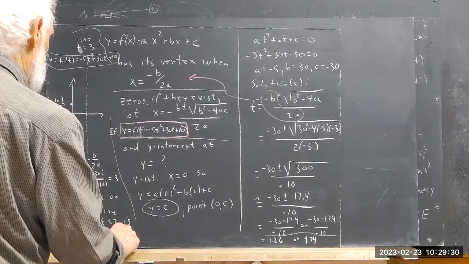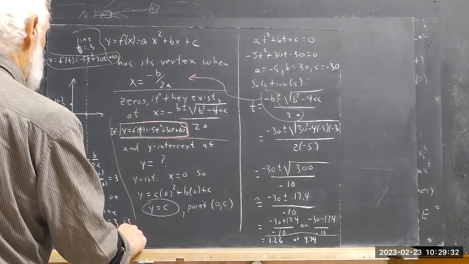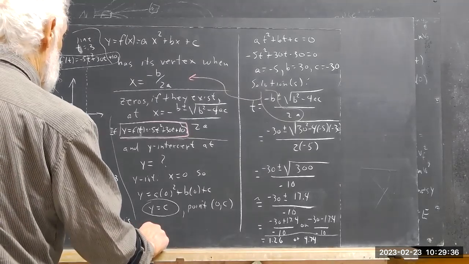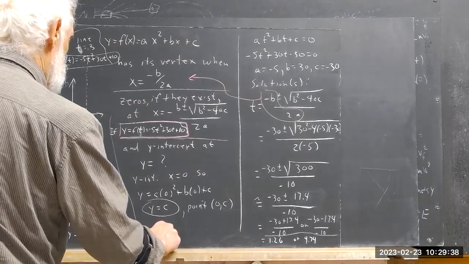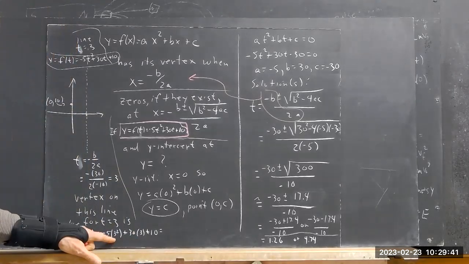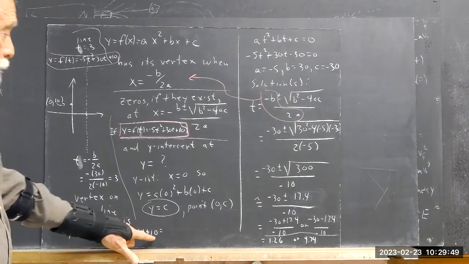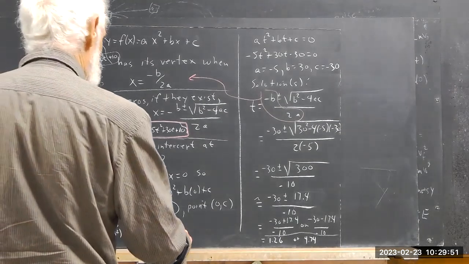Minus 5 times 3 squared plus 30 times 3 plus 10. That's negative 15. Sorry, negative 45. And that's 90, which gives me 45, and I add 10, and I get 55.